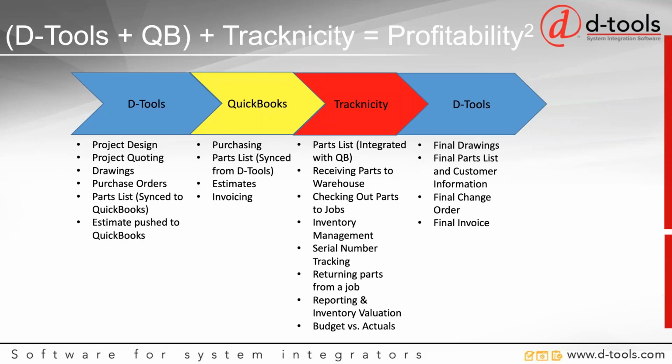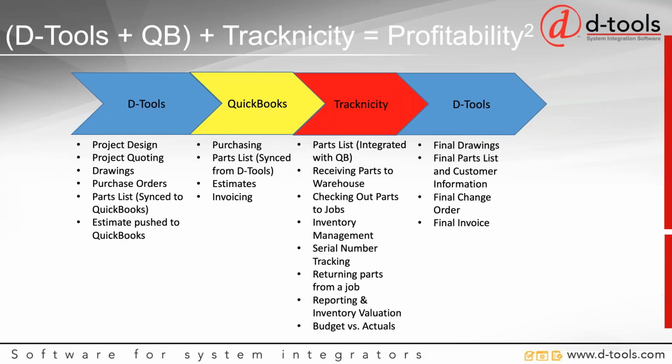If I move to the second piece, within QuickBooks, what QuickBooks is used for is to do all of the purchasing. You may be generating your purchase orders out of D-Tools and pushing them into QuickBooks, or you may be doing purchasing straight out of QuickBooks. Doesn't really matter which way you do it, but QuickBooks is your purchasing engine. You also have your parts list, which is synced from D-Tools.